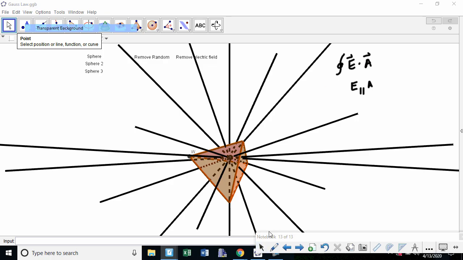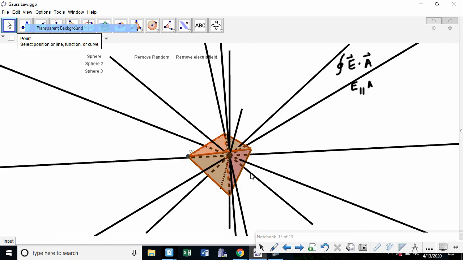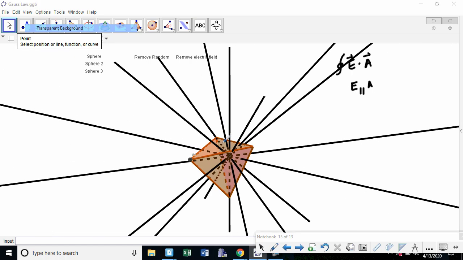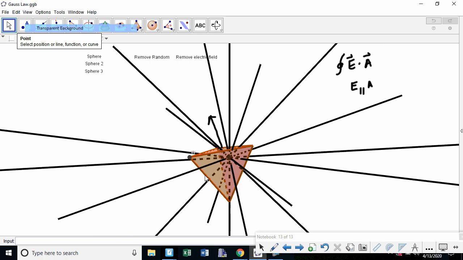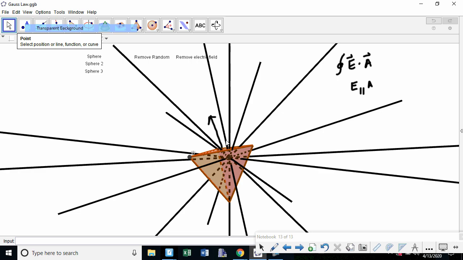Okay? Well, I've drawn a tetrahedron, and the area vector for each of the sides, of course, is going to point perpendicular to the surface. But what that's going to do is it's going to mean that all of these electric field lines that are penetrating each side of my tetrahedron are going to be at an angle to the area vector.